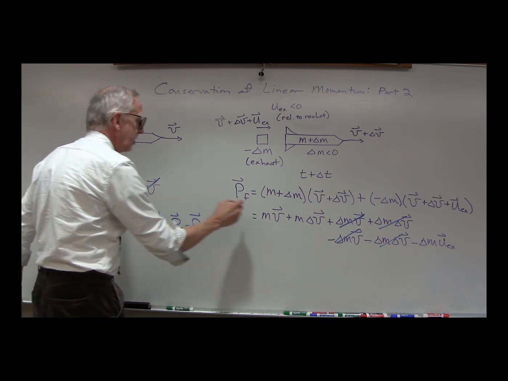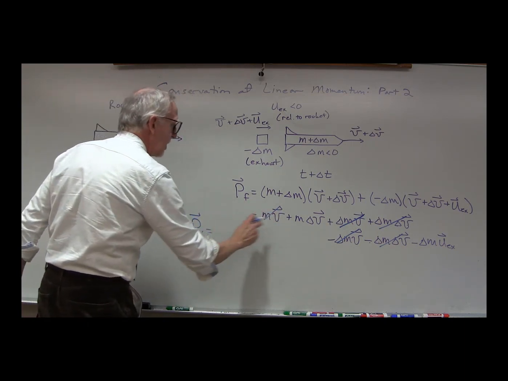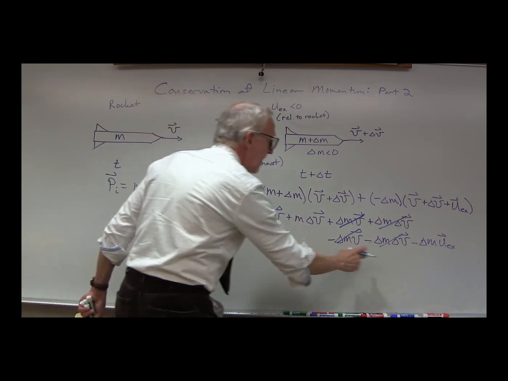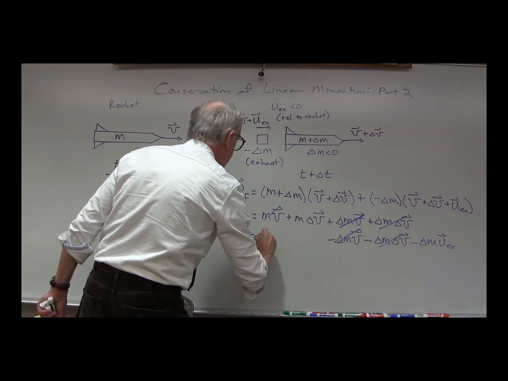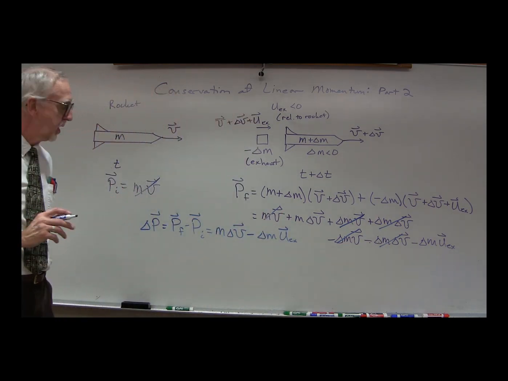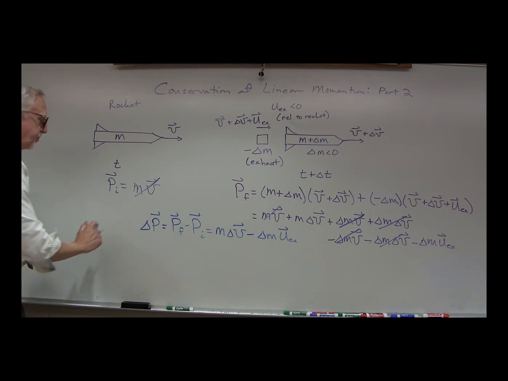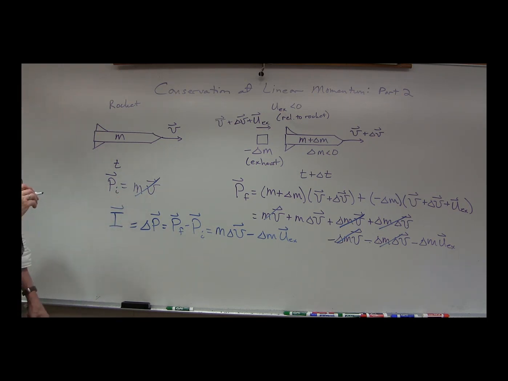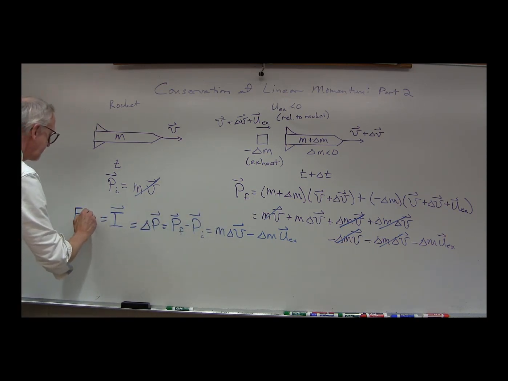We are left with m delta v minus delta m u exhaust. What does this equal? The change in the momentum equals the impulse. And remember, the impulse is the integral of F dt, or because we're talking about macroscopic changes here, F delta t.